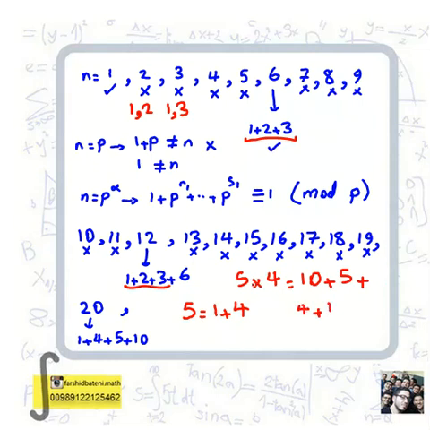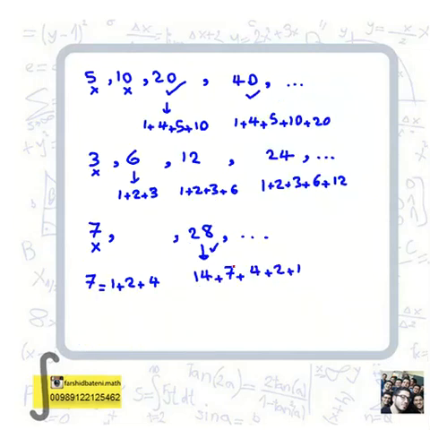Here 4 is a divisor of 20, so we could write 20 in this form. 20 is good, so we found a multiple of 5 that is good. Let's check the other numbers. 20 is good, and also 40 is good, and like this, when m is good, 2m is good.